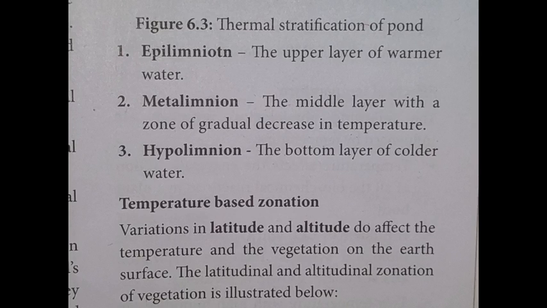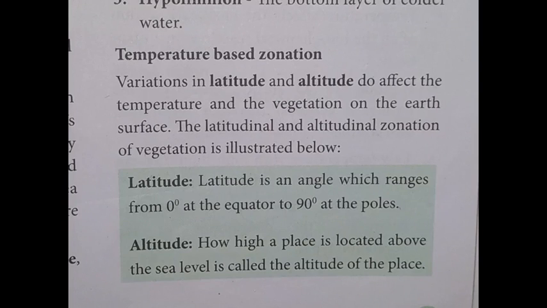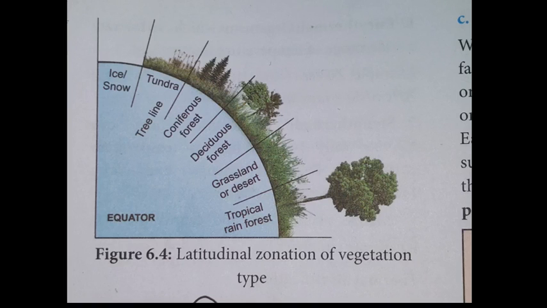Temperature based zonation. Variation in latitude and altitude does affect the temperature and the vegetation on the earth's surface. Latitude is an angle which ranges from 0 degree at the equator to 90 degrees at the poles. Altitude, how high a place is located above sea level, is called the altitude of a place.